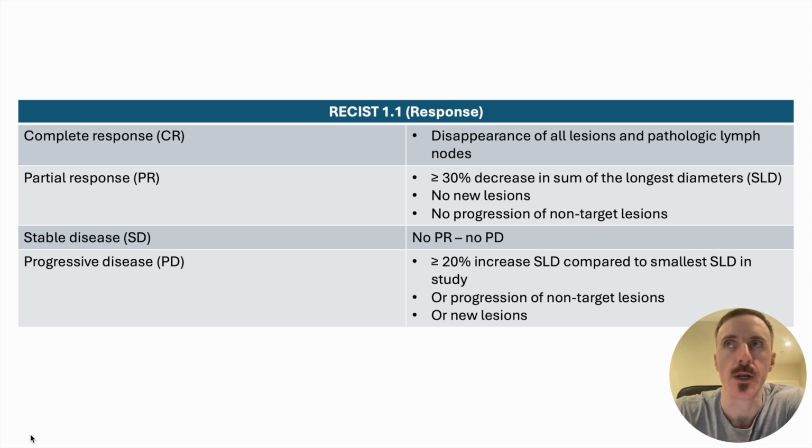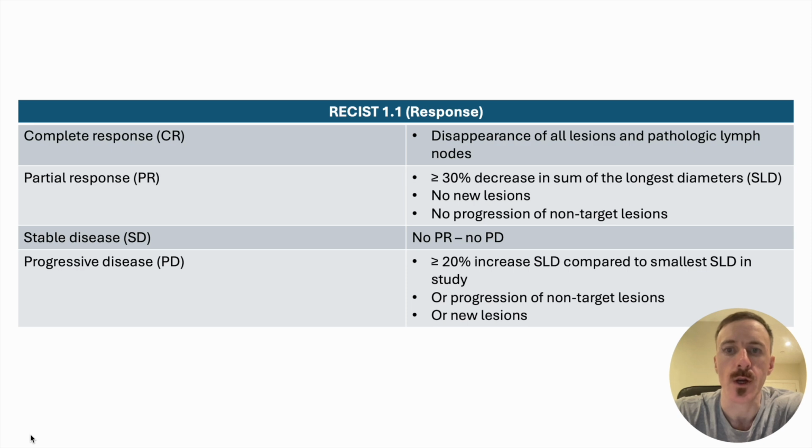Computerized tomography, CT scan, is the preferred method to measure tumors at baseline and the change in size during treatment. The baseline scan should be done within 4 weeks before treatment starts. What physicians do is choose a maximum of 5 target lesions that are easy to measure, and they calculate the sum of the longest diameters.